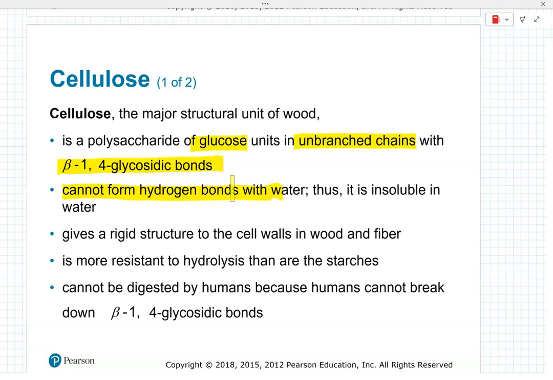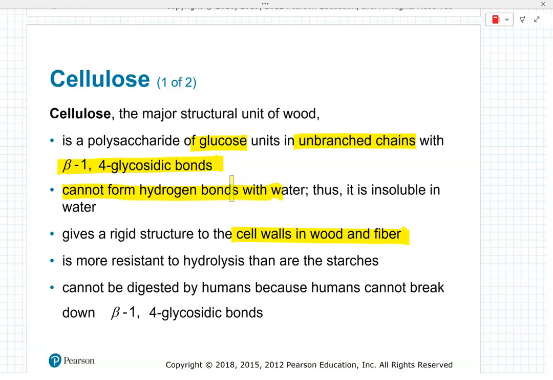Am I making sense? What I think is more important is its function. So first of all, it forms cell walls in plants. So when you see trees, for the most part they stand upright because of the cellulose in the cell walls. Okay?